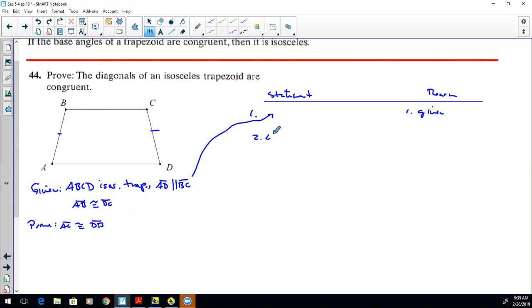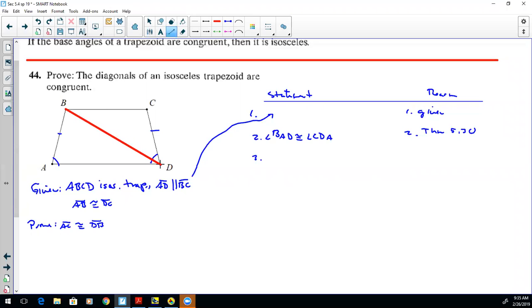Angle BAD is congruent to angle CDA because base angles of an isosceles trapezoid are congruent, theorem 530. Now let's put some line segments in here.